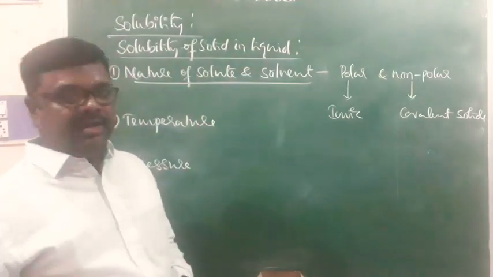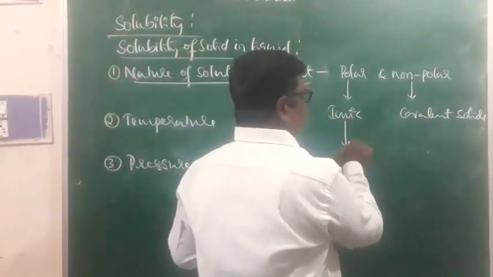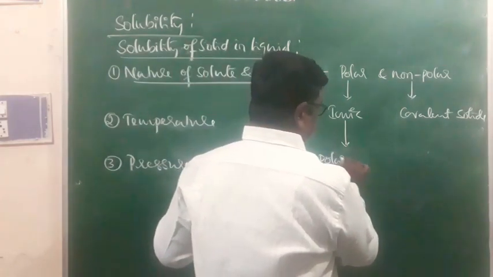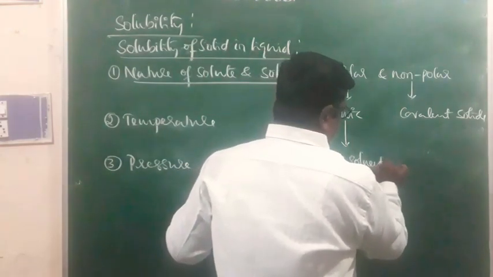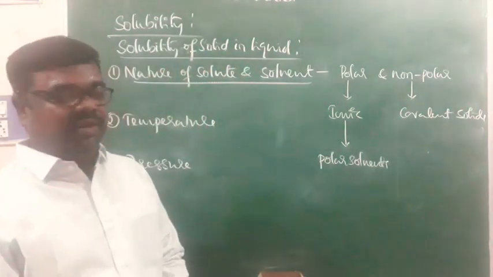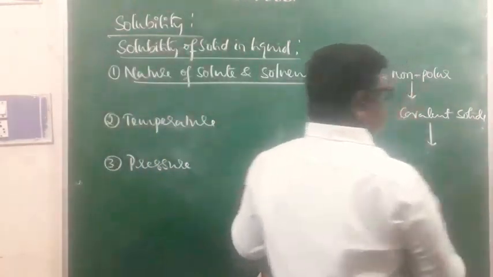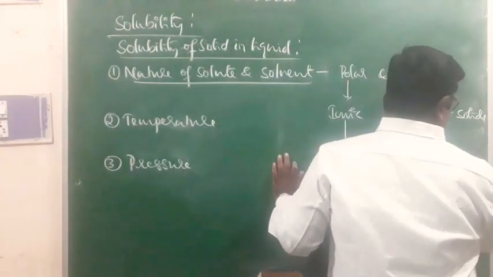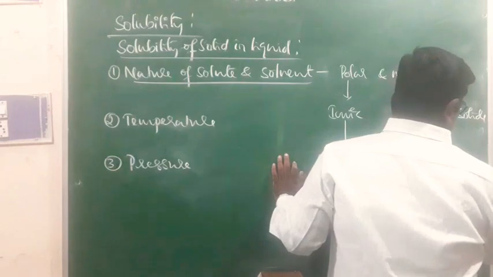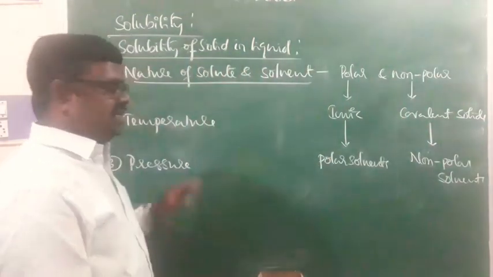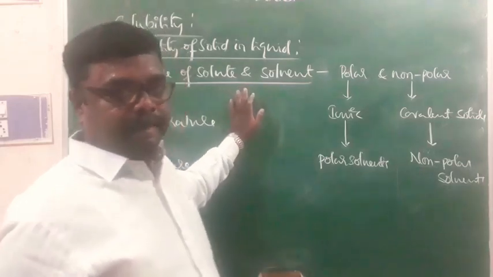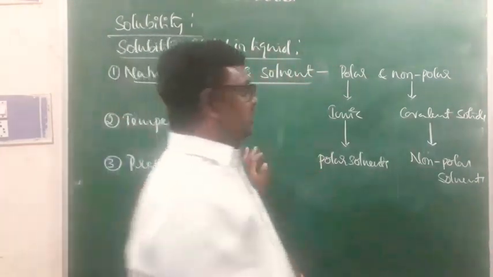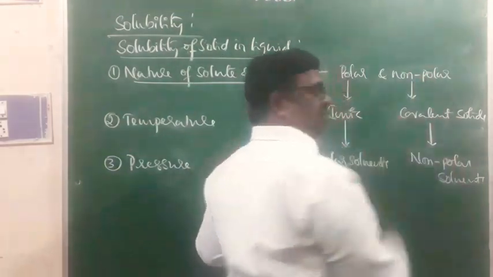Usually, polar solute particles will be soluble in polar solvents, and non-polar solute particles will be soluble in non-polar solvents. So that is what we say generally: like dissolves in like.